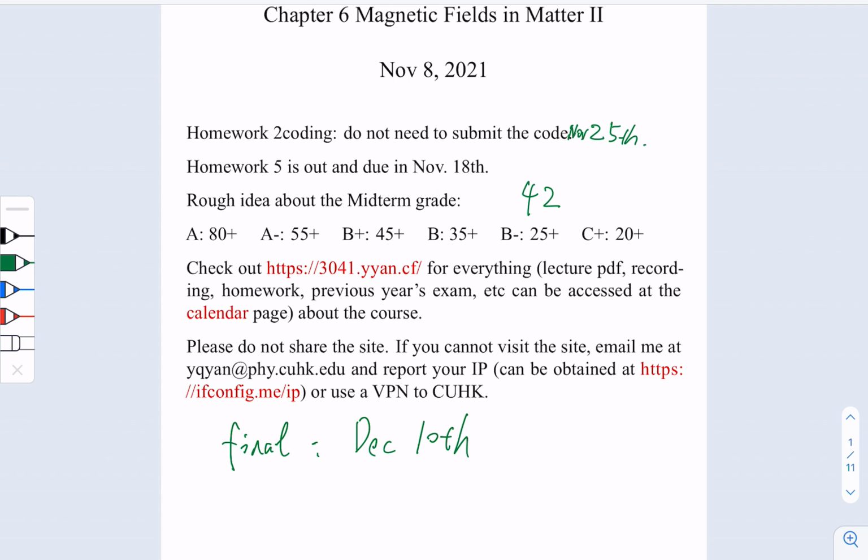There aren't too many weeks left for the finals. About 4 weeks. So it's time for you to start thinking about preparing for the finals. Don't be too late.